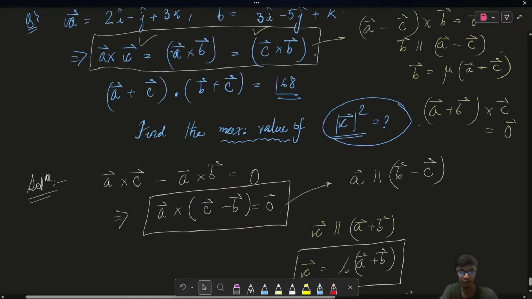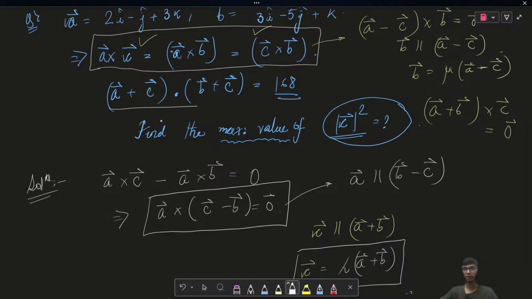So how do I find it? I will find it by using this particular expression. Over here, it is A vector dot B vector plus A vector dot C vector plus C vector dot B vector plus mod of C square is equal to 168, right?